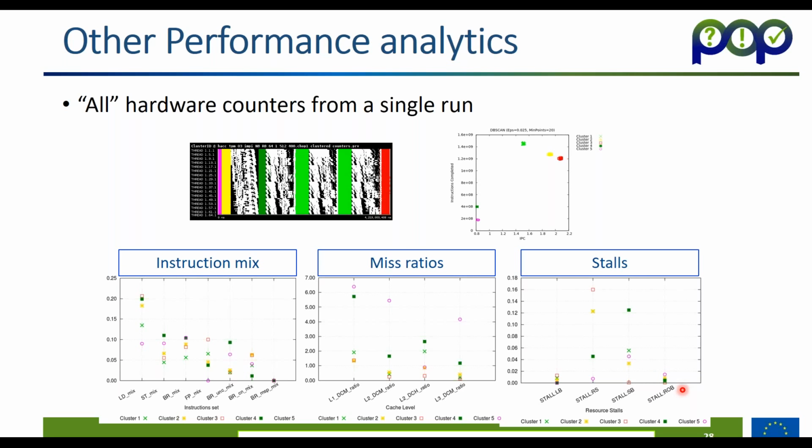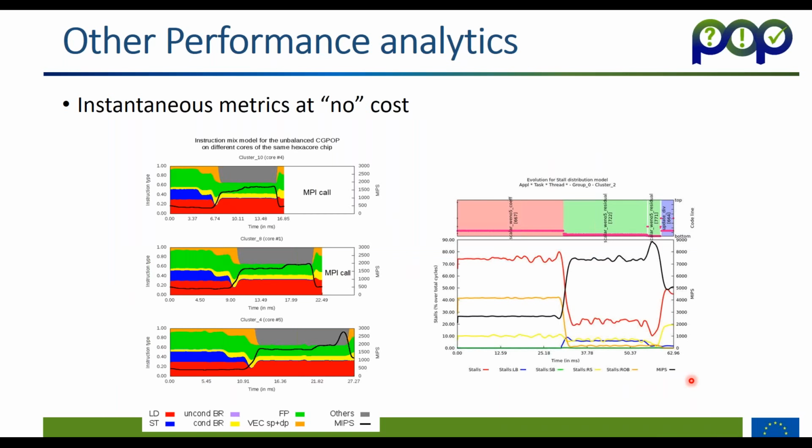So we have techniques for doing this, and we have techniques for doing fine-grained analysis. What we saw today, each of these regions, between MPI call and MPI call, can be a few tens of microseconds, milliseconds, a few tens of milliseconds.